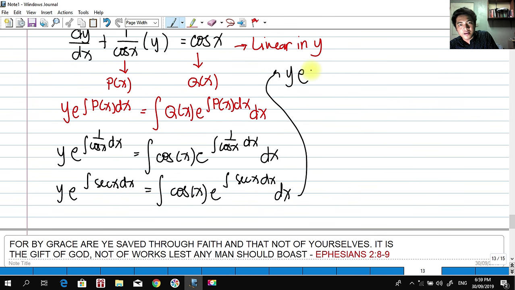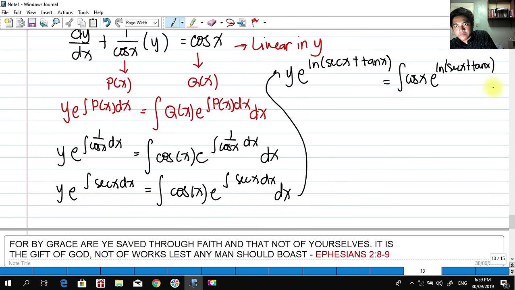Can we evaluate the integral of secant? So y e raised to the integral of secant x dx is ln of secant of x plus tangent of x, equal to the integral of cosine of x, e raised to the ln of secant of x plus tangent of x, dx.